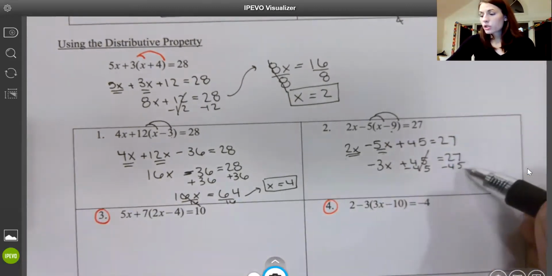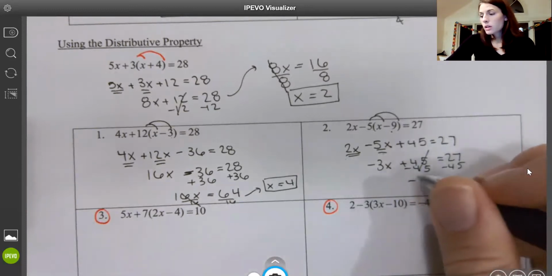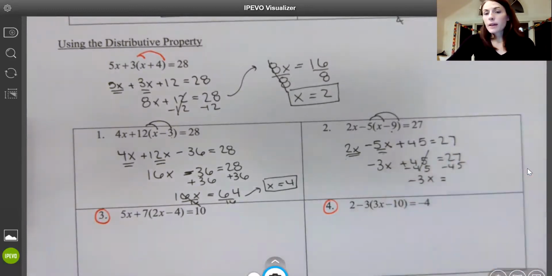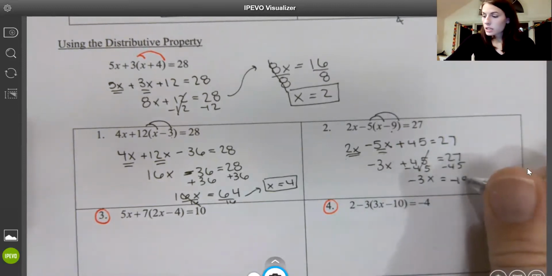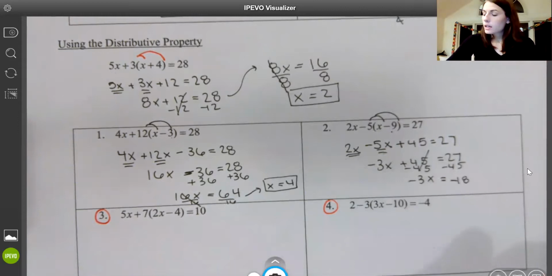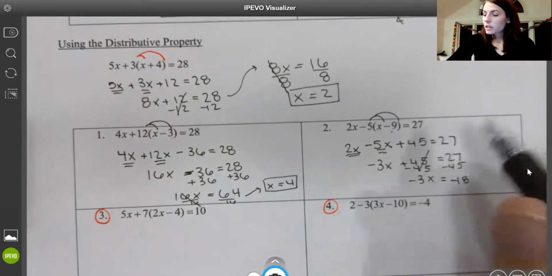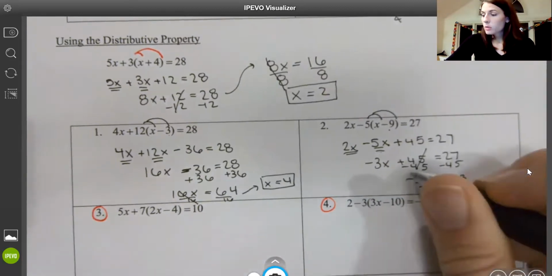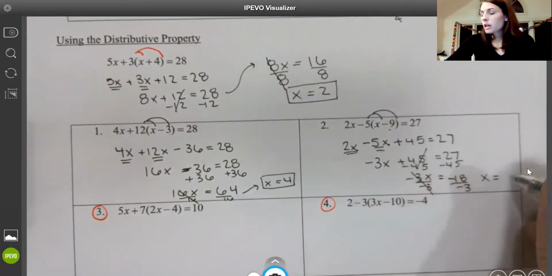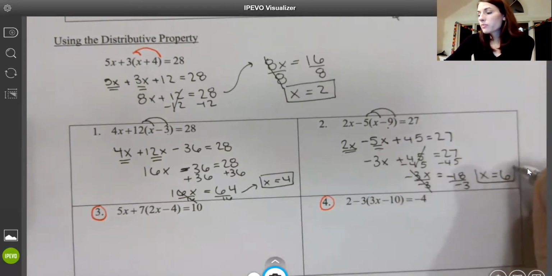So 27 subtract 45. Let's take a moment to think about that. It's going to give us negative 18. And then, again, careful with signs here. I'm dividing by negative 3. Negative divided by a negative is going to give me a positive 6.